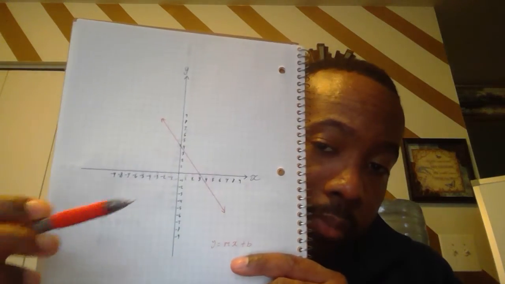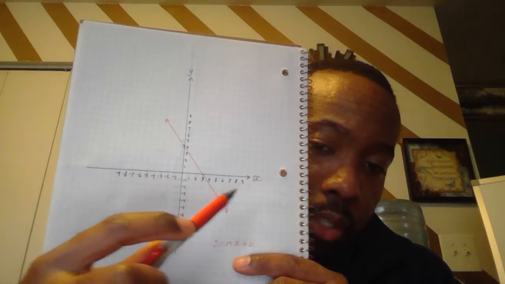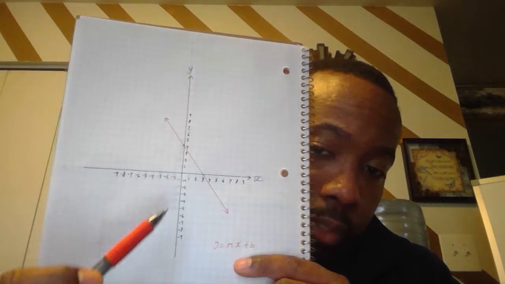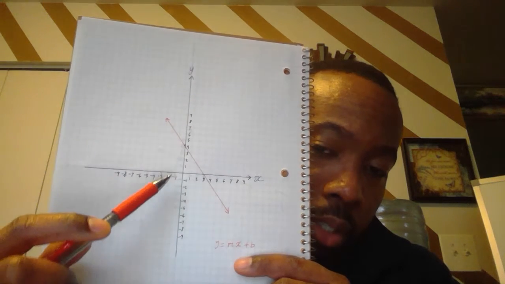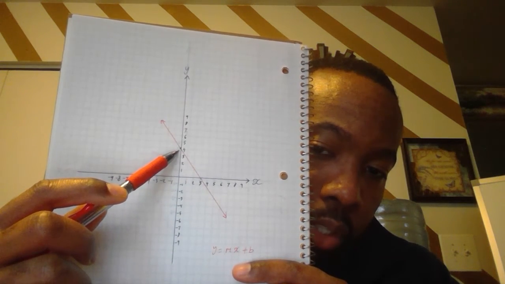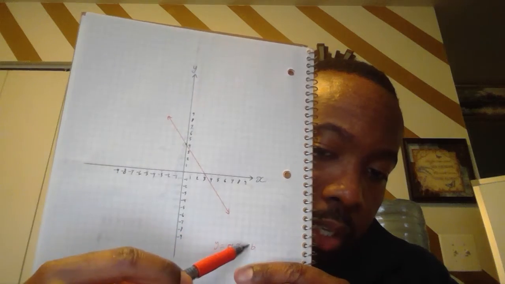As you can see, the line that goes up and down is your y-axis. The line that goes left to right is your x-axis. So looking at your y-axis, you'll need to find your y-intercept. Now we can clearly see that the graph intercepts the y-axis at the point (0, 4). So the y value is 4. We're going to replace b with 4.